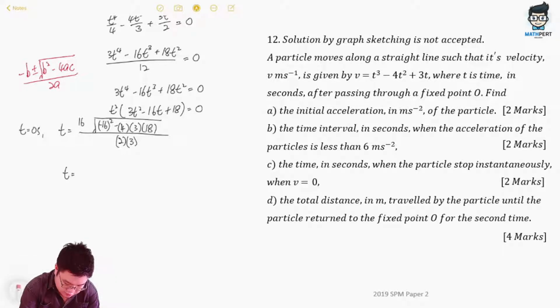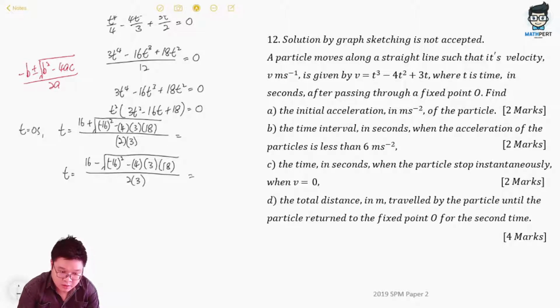Instead of writing plus or minus, I put plus here and 16 minus here. You press your calculator and you will get 3.72 seconds, and this is 1.61 seconds.